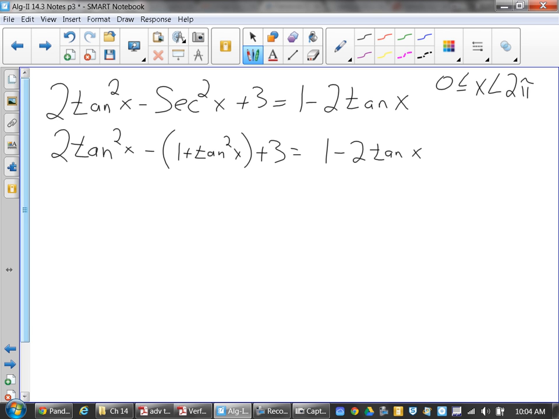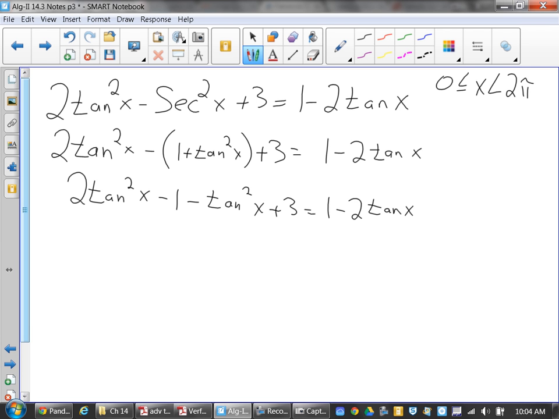Distribute your negative. Two tangent squares and minus 1 for you. There's just a lot going on. What rules tells you to distribute?